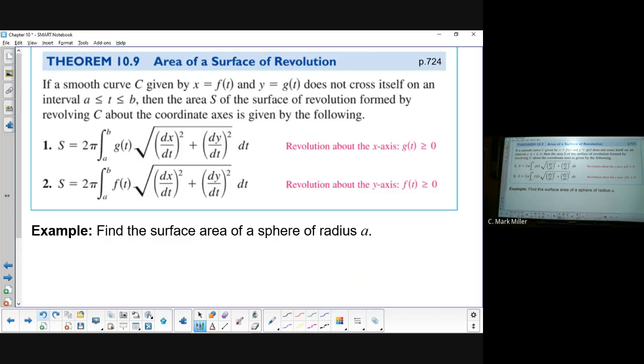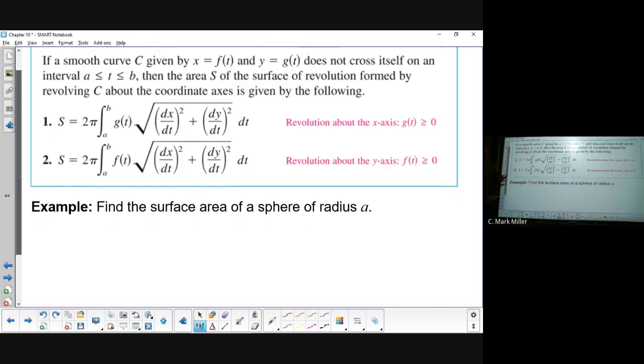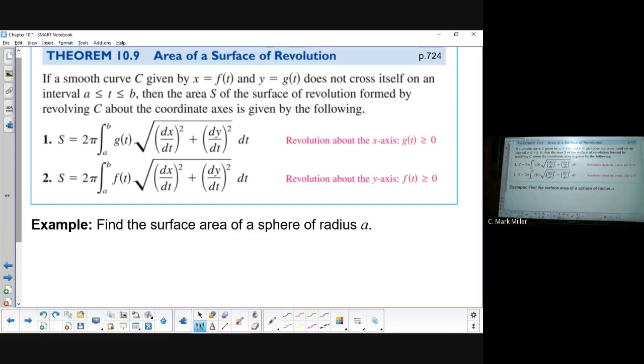What this is doing here is, if you have a parametric curve and it can't cross itself, this g of t is our mystery here. What is the g of t? What is the f of t? Well, it is going to be like a radius function. And I am surprised that it's not more spelled out here. Oh no, here you go. Right here. Duh, right in front of me.